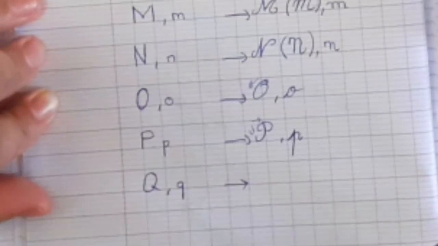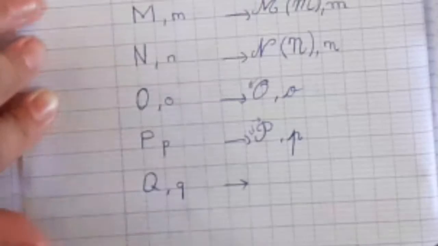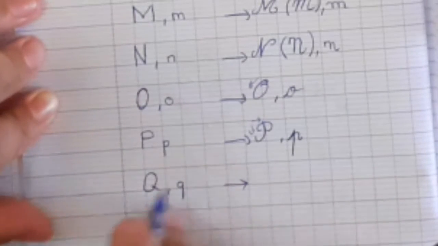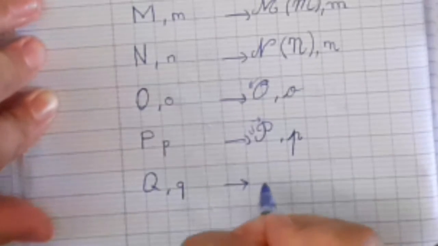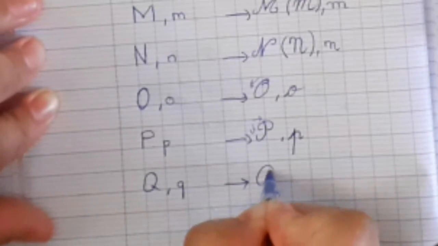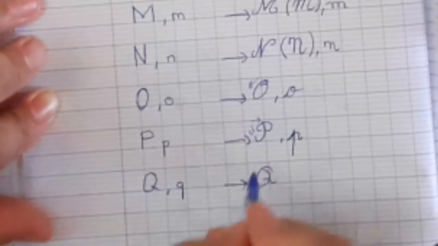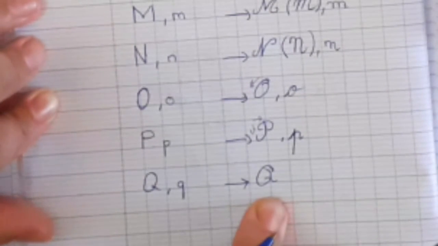So now we see the cursive form of this letter Q. So Q is also like an O. It's like that, but it has a little line like that.